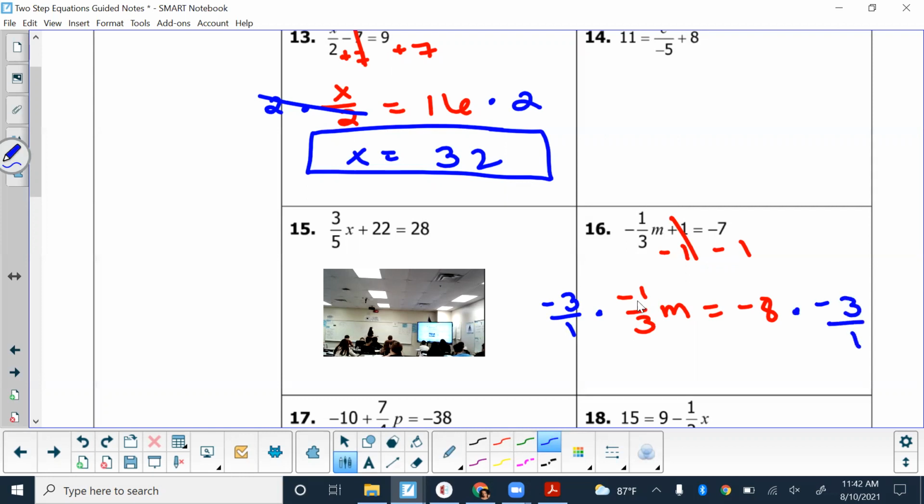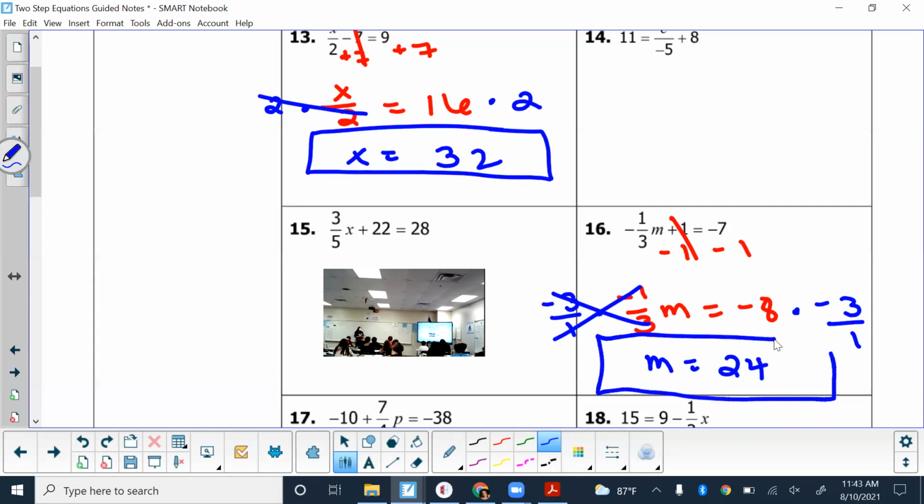So on the left side, what happens with the fraction? Good, it cancels out. We have m equal to, what's negative 8 times negative 3? 24. And then divided by 1 is still 24. All right, good on that.